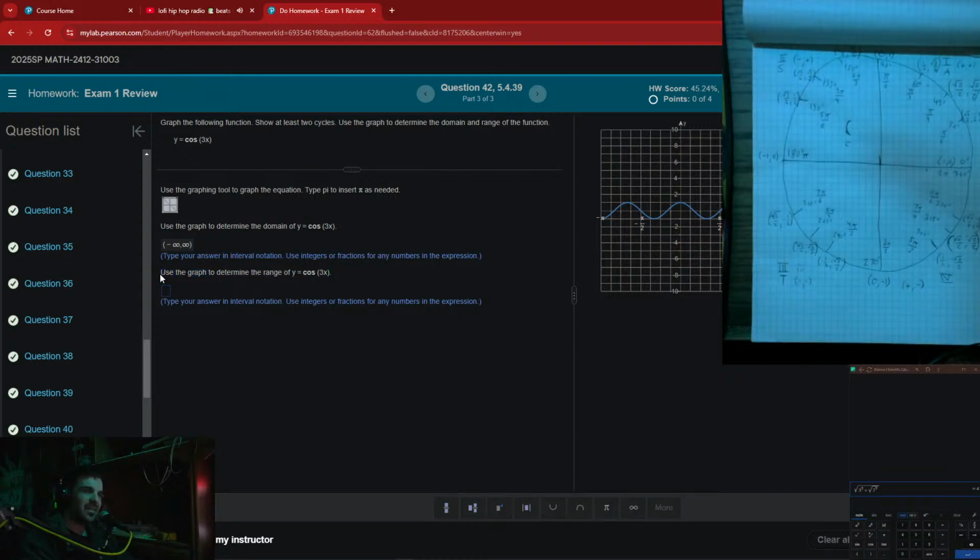Sorry, dopamine. Use the graph to determine the range of y equals 3x. Oh, I don't know why that locked me out. Alright. Range?